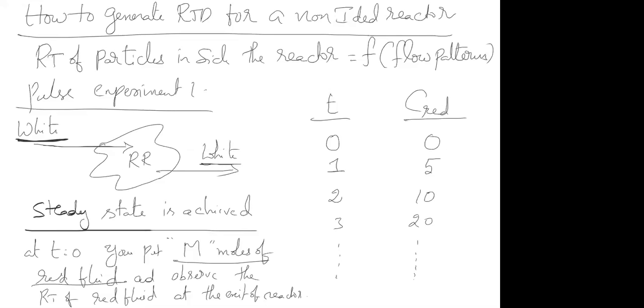Then how to generate an RTD is by pulse experiments. How do you do a pulse experiment? You send a stream of white particles, suddenly inject m moles of red fluid and observe how the red fluid is coming out of the reactor. So are you with me till now? Concentration will not be the same after some time.